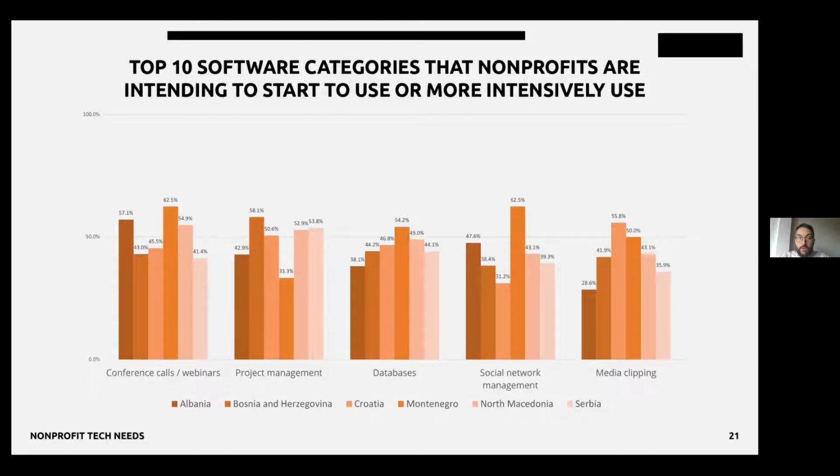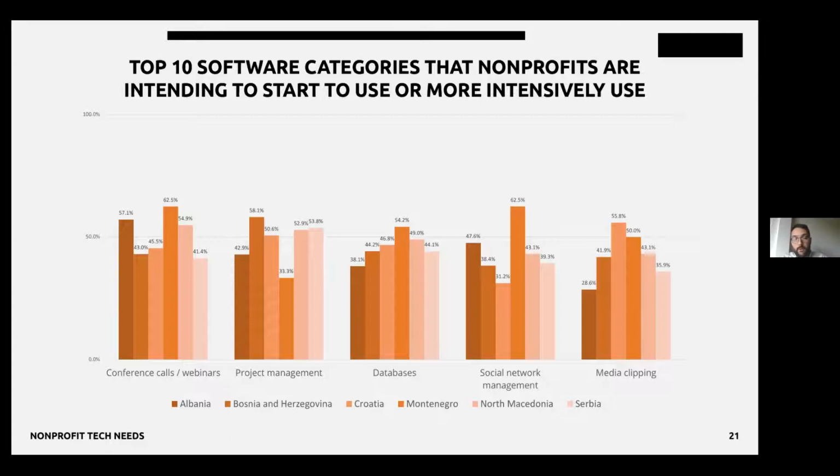So we talked about how webinar software like Zoom is something that is mostly used, but we are also talking about the intent of the organizations to expand their usage.